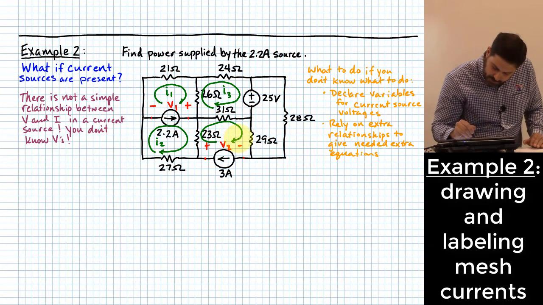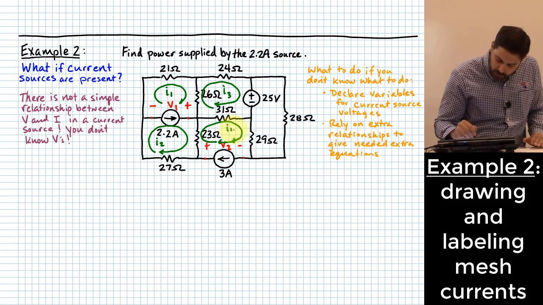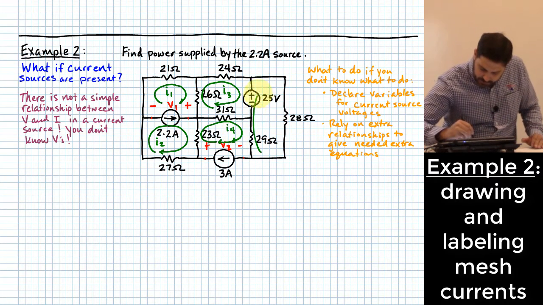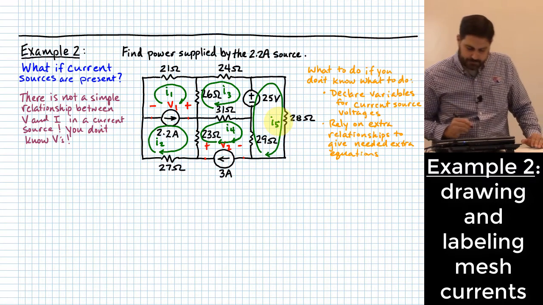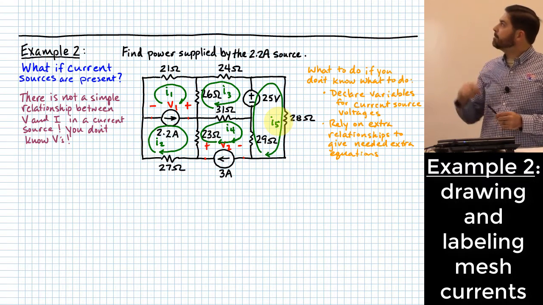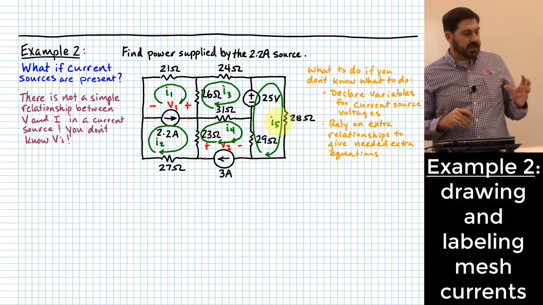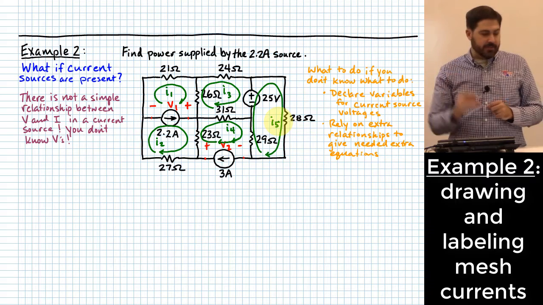I try to be somewhat clear about where I'm starting and ending. So I'll call that I4, and then for the last one over here, I'll call this I5. So that was step one, to identify your meshes by drawing your mesh currents and labeling them.